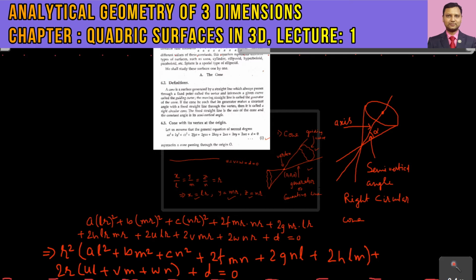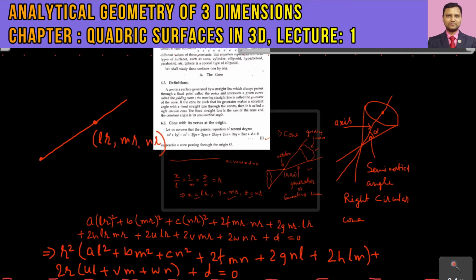Now you can check in this picture. This was the generator, this was the vertex, and a straight line was there. This type of line is represented by x equal to l r, y equal to m r, and z equal to n r.